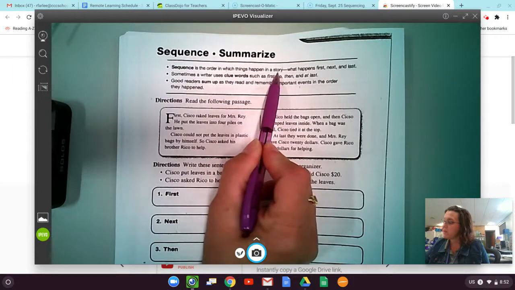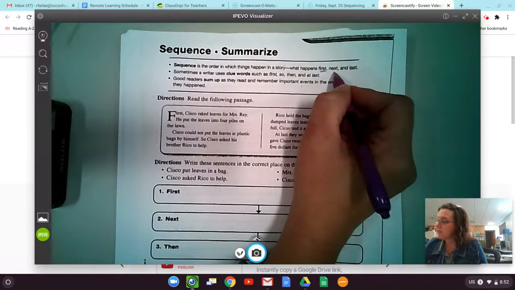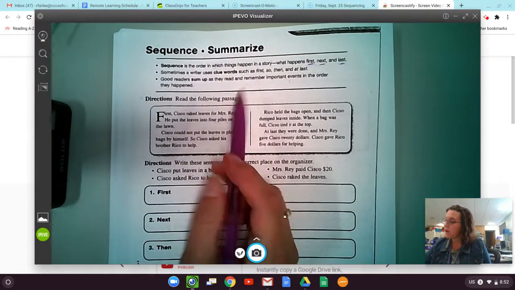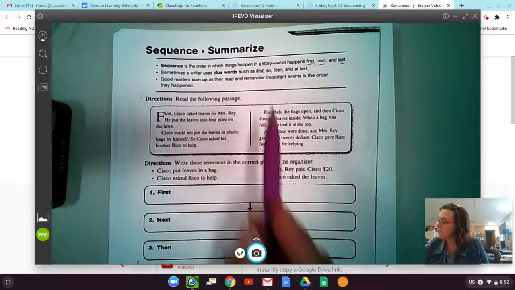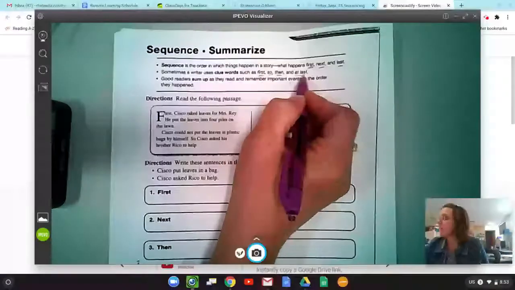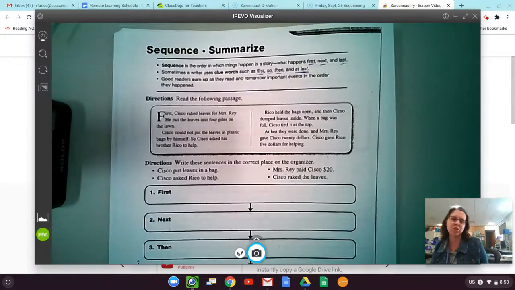What happens first, next, and last. Okay? Now sometimes a writer uses clue words, such as first, so, then, and at last or last. There's some other clue words as well that authors often use.